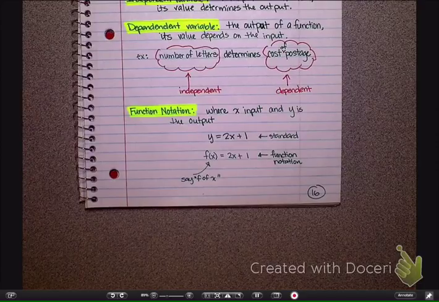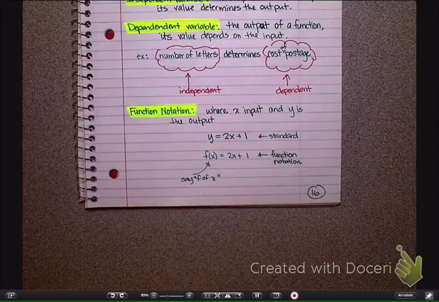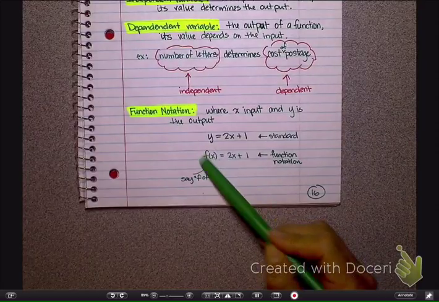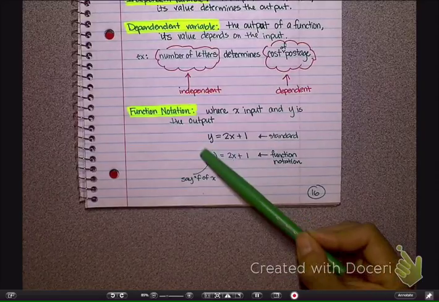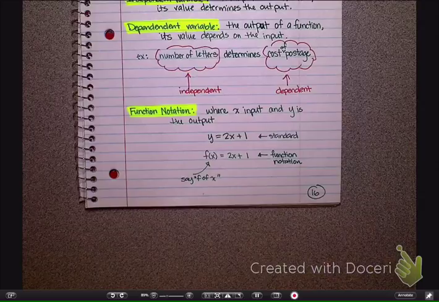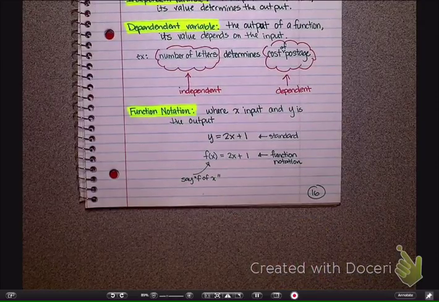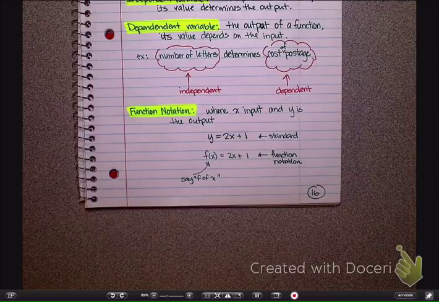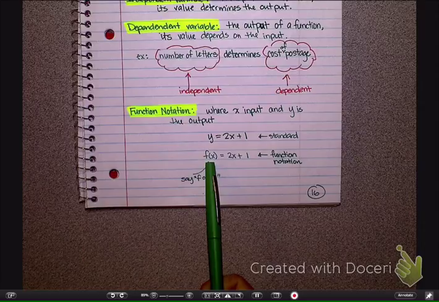Now, it doesn't mean f times x. That's not what it means. f of x is representing a quantity, like an unknown number. So this whole thing is taking the place of this variable, so really this whole thing represents one number. What students often think is this means two things multiplying together. That's not what it means.